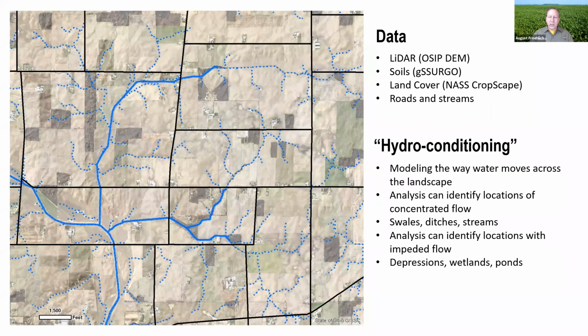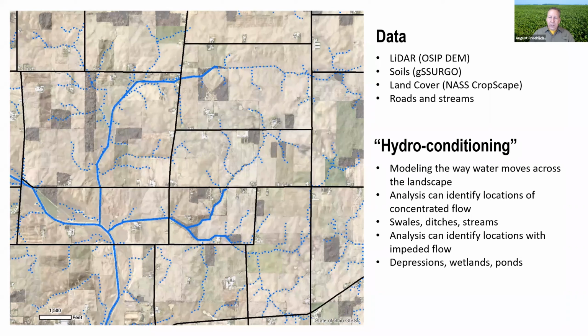It actually fetches it for you so that you can use it along with the Agricultural Services CropScape data, which it also downloads. And then you can provide ancillary data like roads and streams that you can get from your public GIS sources.